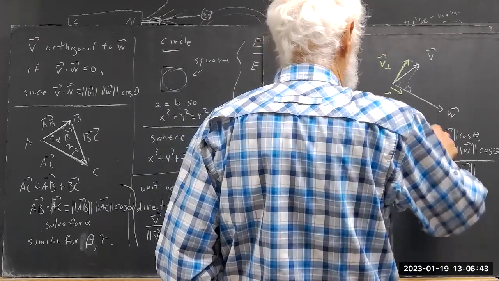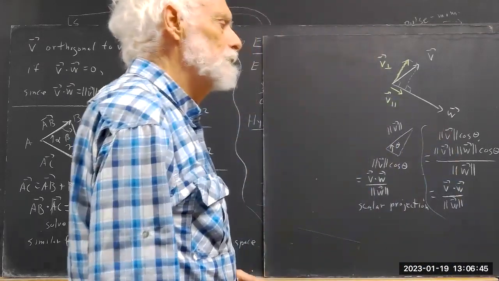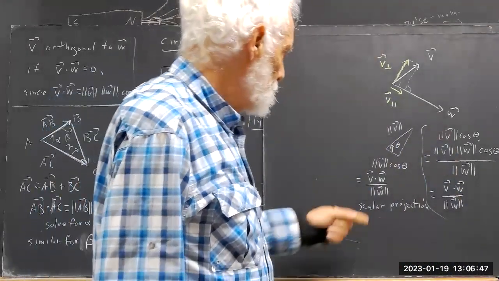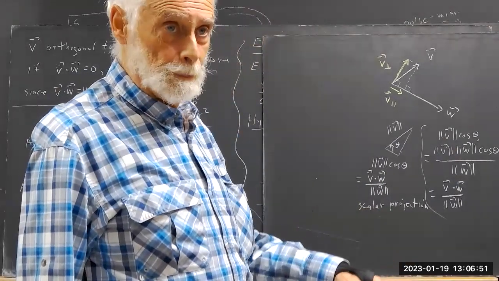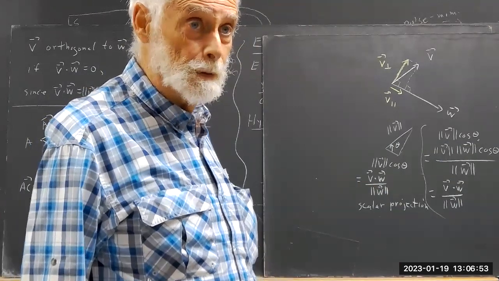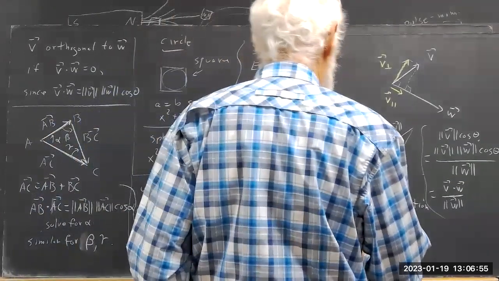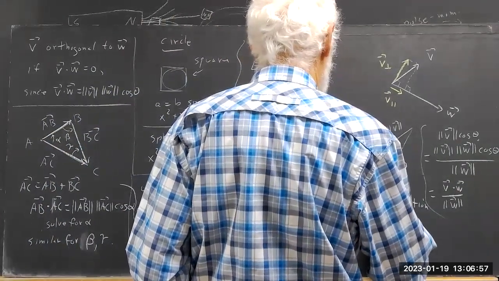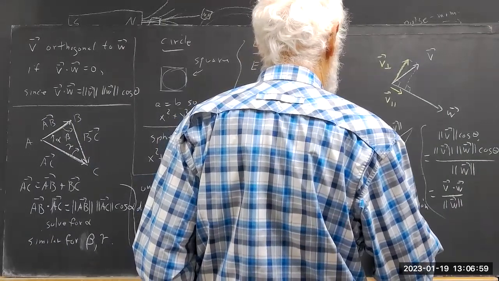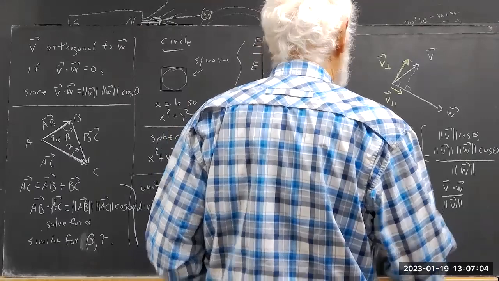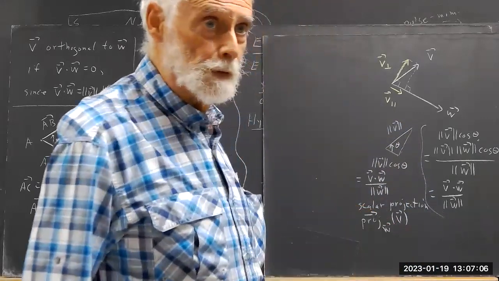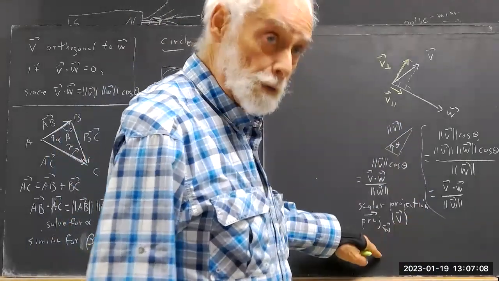You're going to see this, I think, in homework coming up real soon. It's a scalar projection of V onto W. I'm going to write it this way: projection onto W of the vector V. You're projecting the vector V onto W.